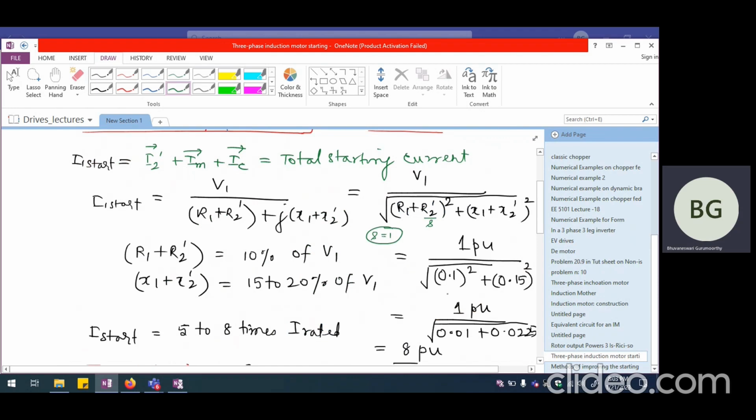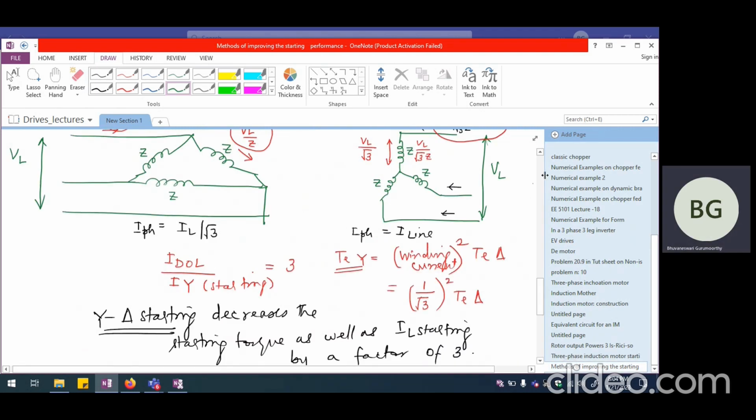But once it picks up speed automatically, the slip is going to decrease. So the rotor resistance will be bloated up because slip is essentially coming to lower and lower value. So the rotor resistance will increase and the current will automatically come down. That's what is going to happen.